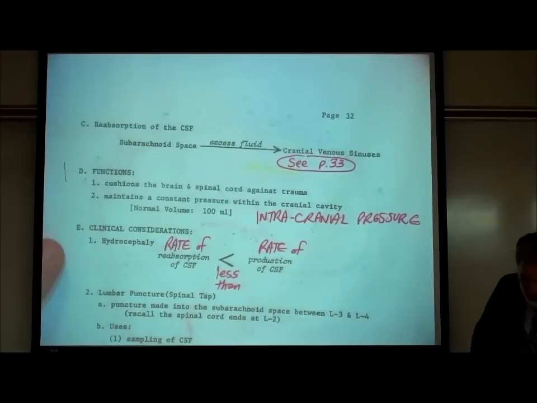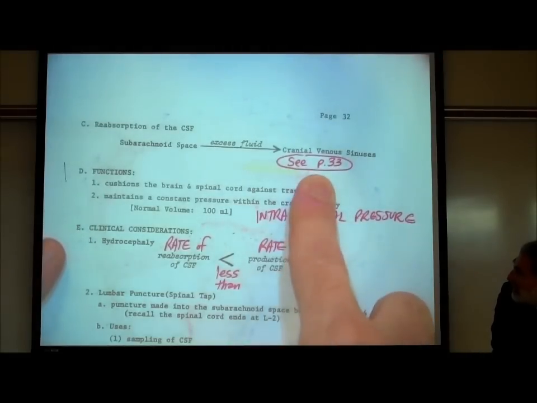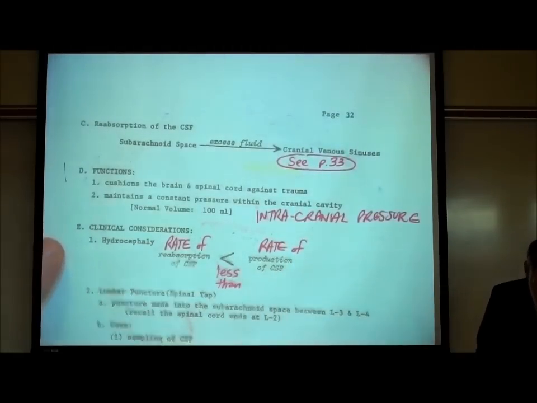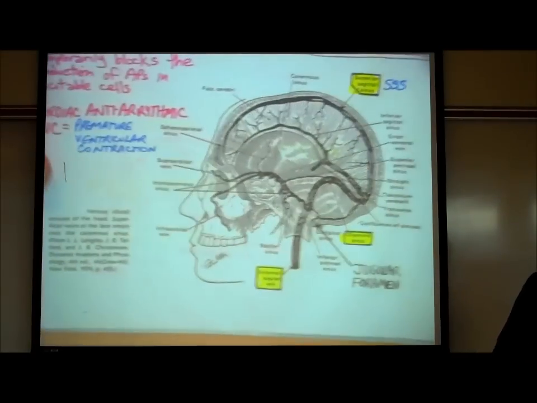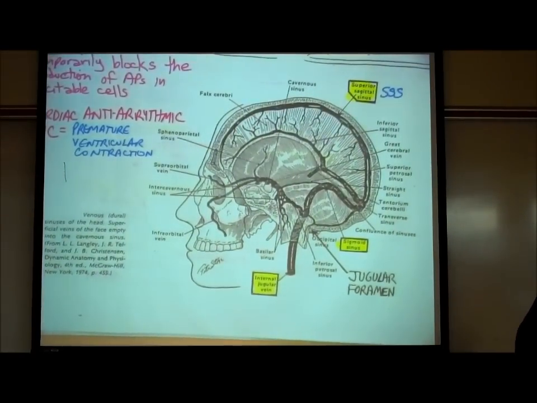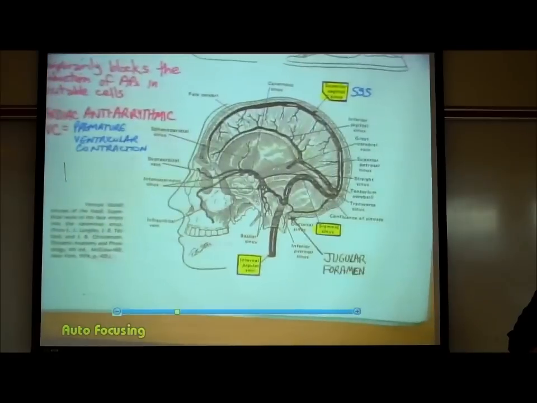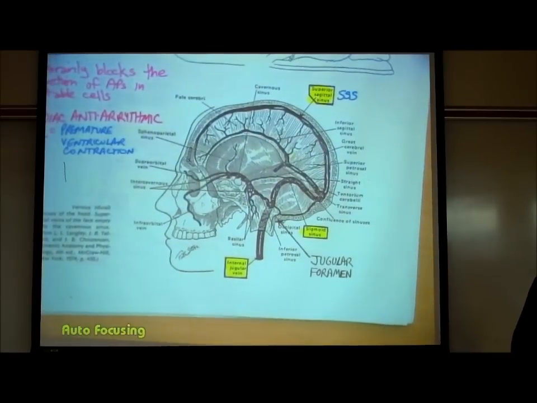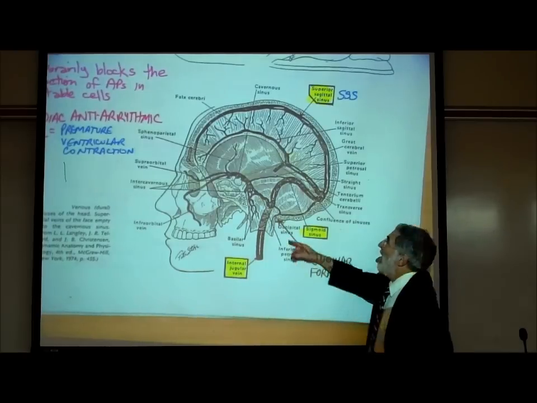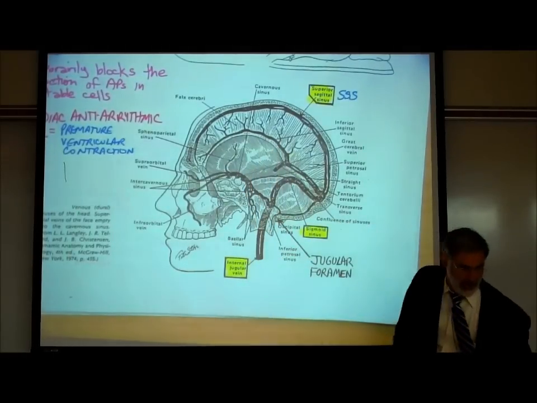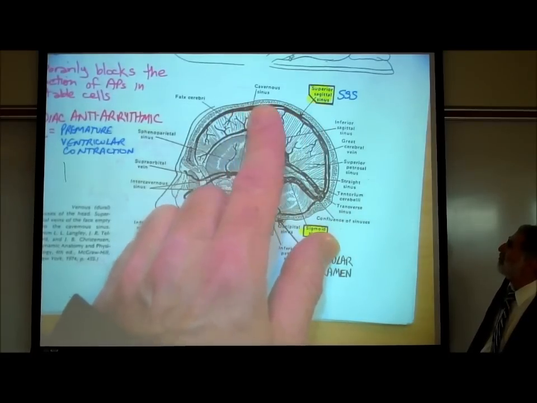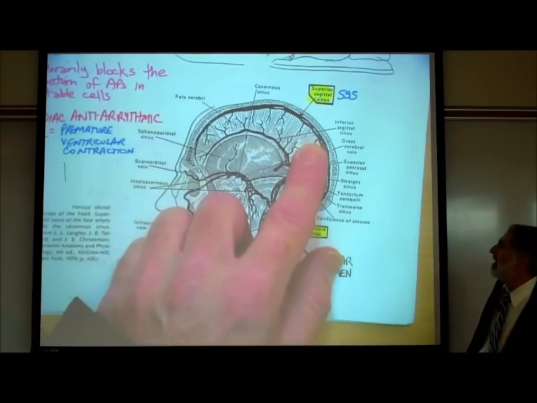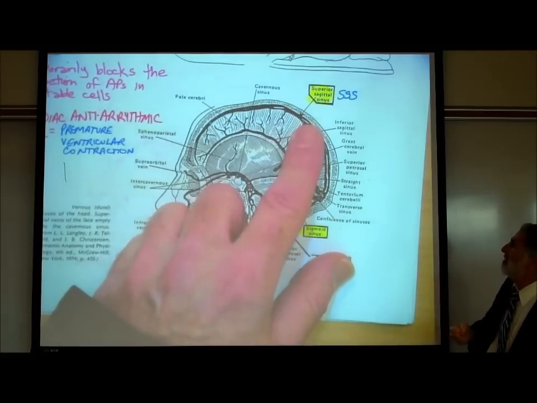You can see this if we look at the picture on the bottom of page 33, bottom right. You'll notice labeled right up here is the superior sagittal sinus, this big thin-walled vein that's on the top of the brain that reabsorbs this cerebrospinal fluid.